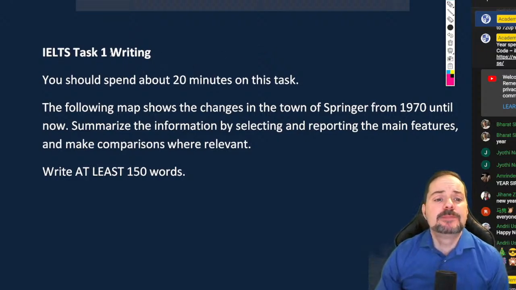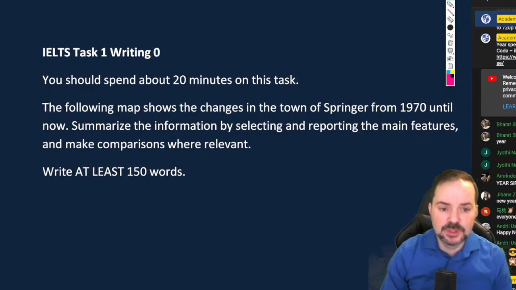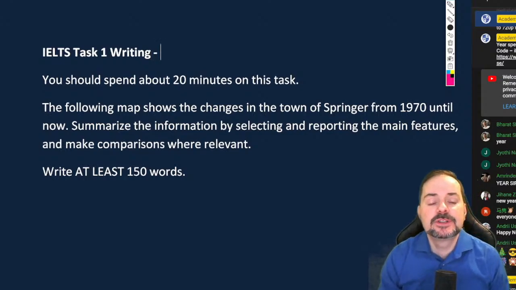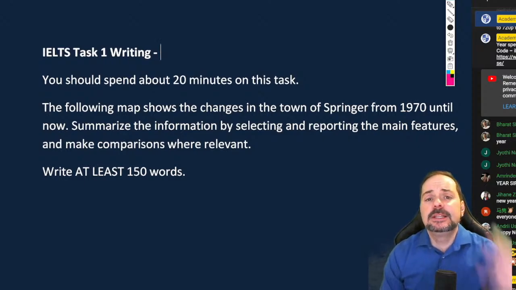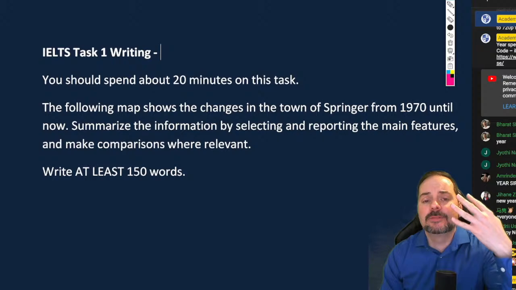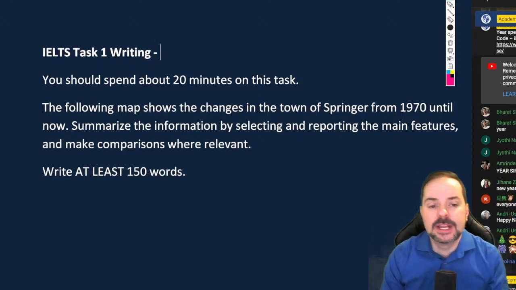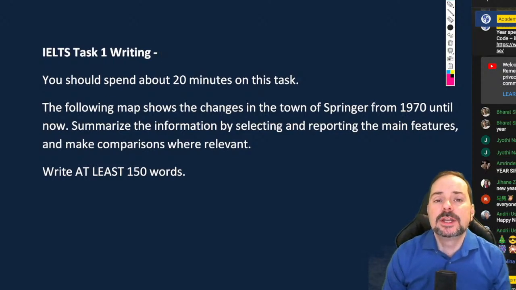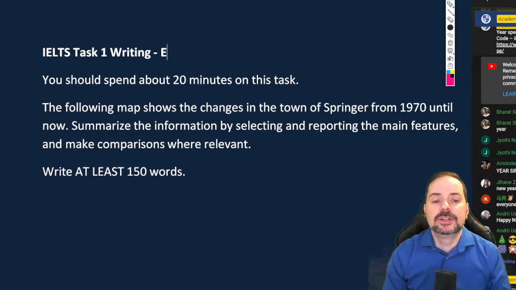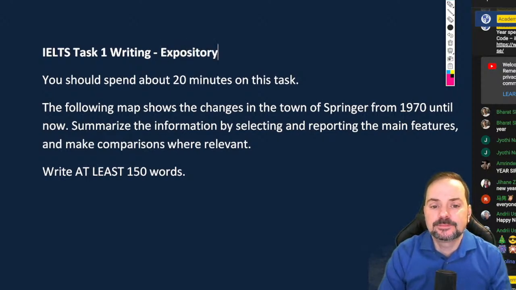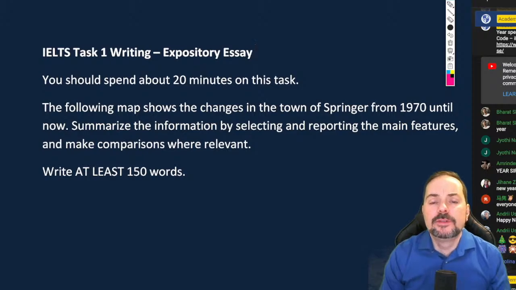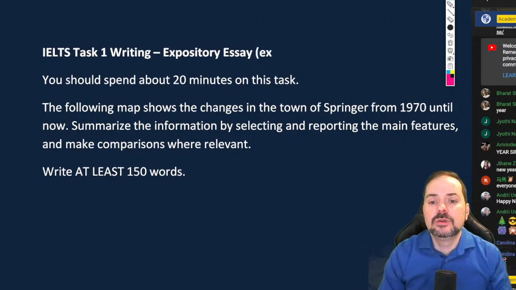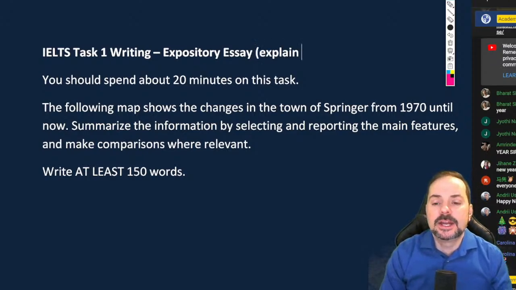It is an expository essay, everybody. Okay, again, just a reminder for some of you, maybe new for some other students, there are basically 4 standard formats or types of writing: persuasive, expository, descriptive, and narrative. Task 1 in the academic IELTS, it's called an expository essay. The goal of an expository essay is to explain an idea.